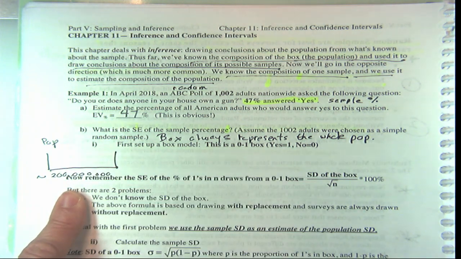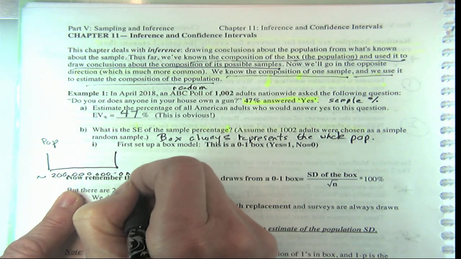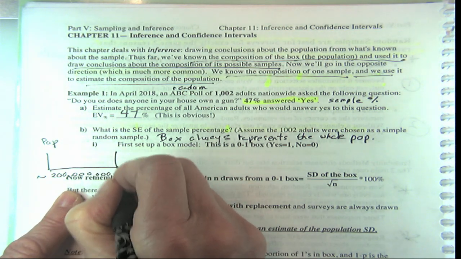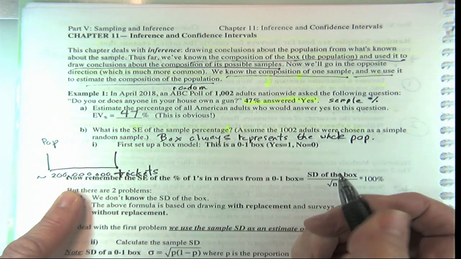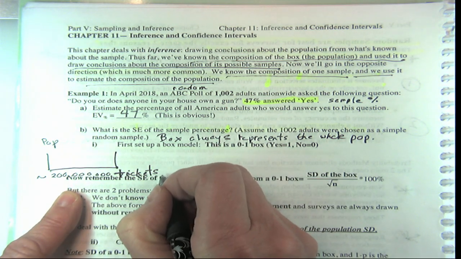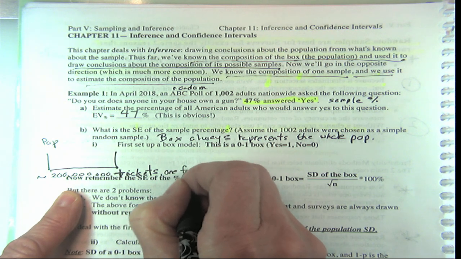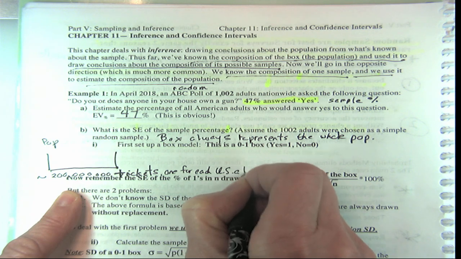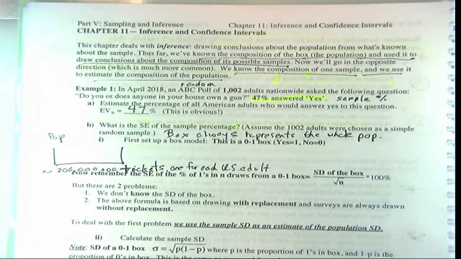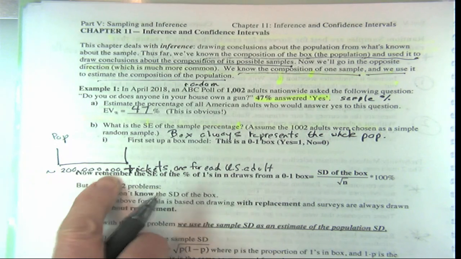You don't have to know the exact amount. I'm just estimating. Why? It's one ticket for each US adult. That's what's inside this box, all right?